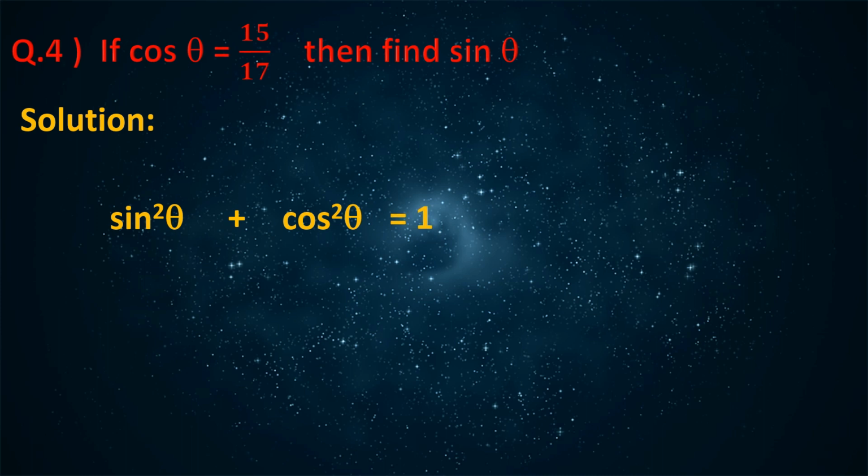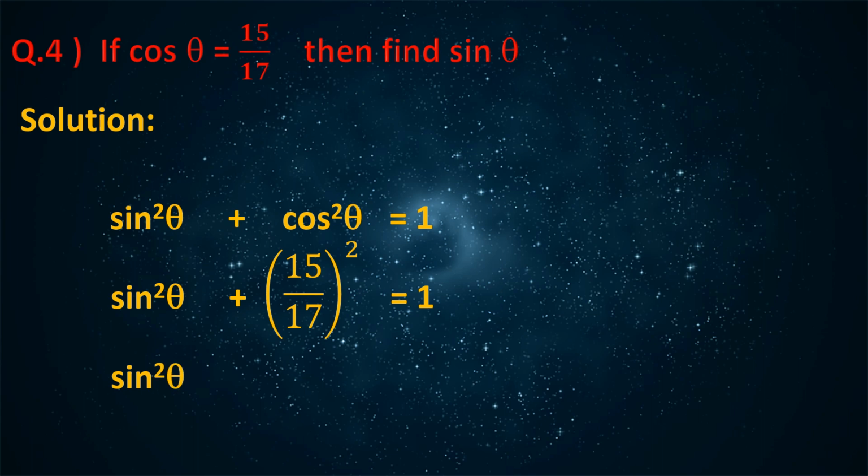So let's substitute cos theta as 15 upon 17, which gives us sin square theta plus (15 upon 17) square equal to 1. Square of 15 is 225 and square of 17 is 289. So sin square theta plus 225 upon 289 is equal to 1.